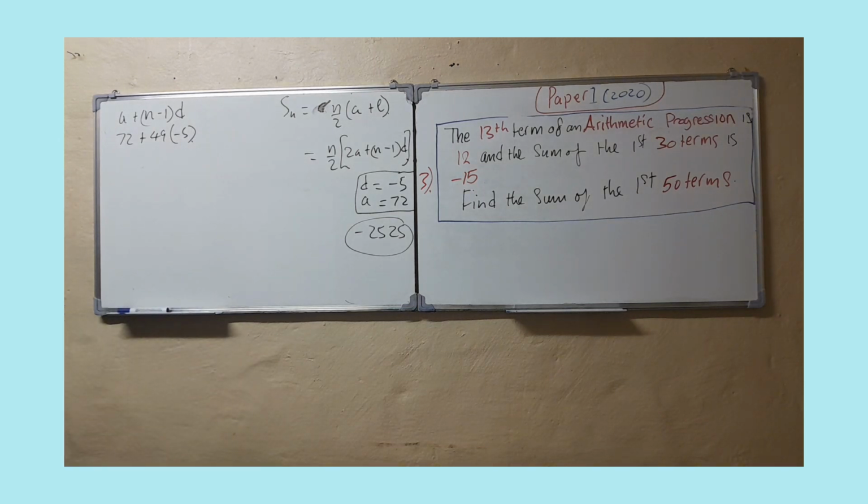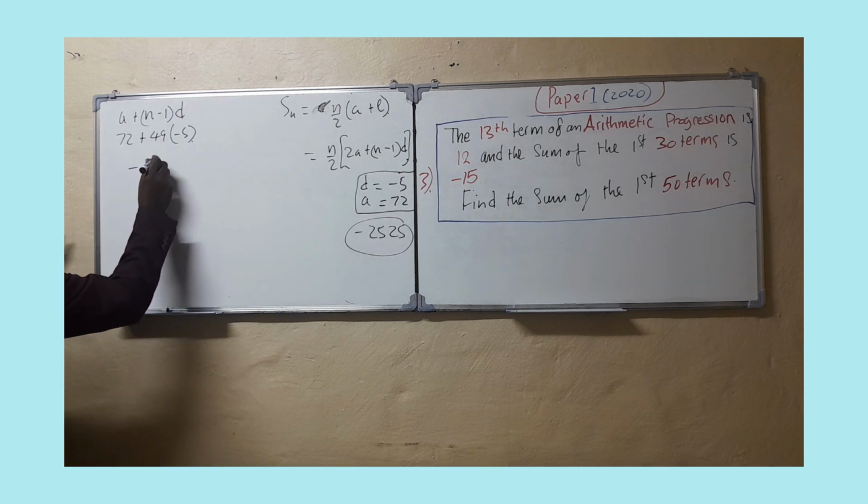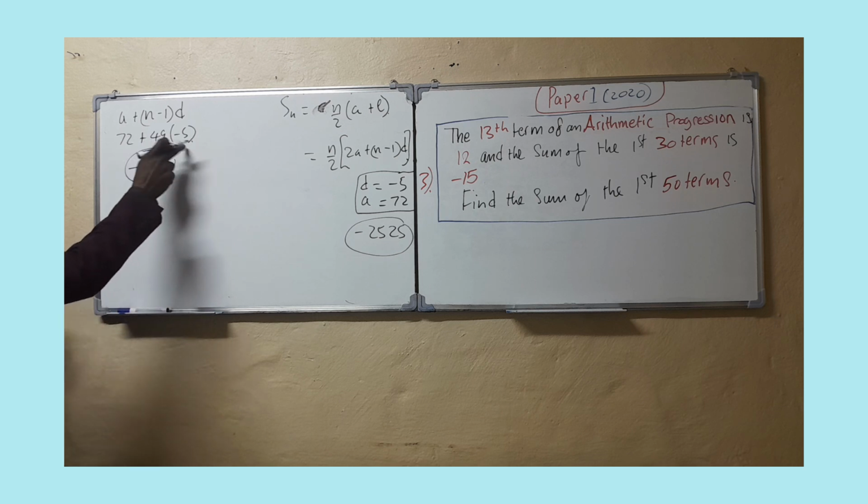That gives us 49 times 5, which is 245, minus 72, which is that. So the 50th term is minus 173, because this is bigger than that, right?